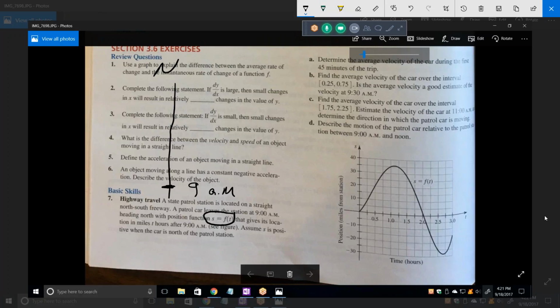Assume s is positive when the car is north of the patrol station. So if we look at this car over here, here's when he leaves. That's 9 a.m. And he's heading north. Got to be a positive velocity, right?